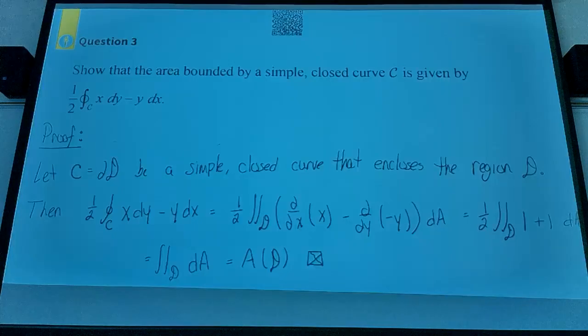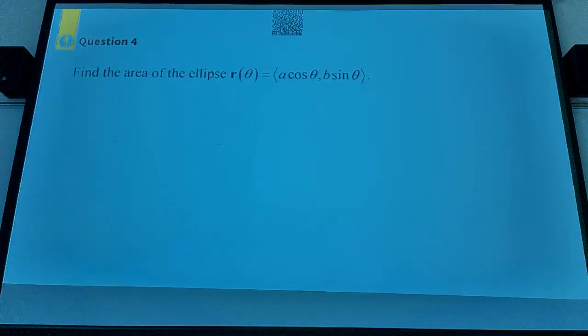Well, the parameterization of an ellipse isn't really that nice, which makes double integrating pretty hideous. If I'm not mistaken, that's actually what the next question is: find the area of the ellipse. But if you just look at the boundary of the ellipse, that's going to have a certain parameterization, and it's going to be a lot easier using this formula to find the area.